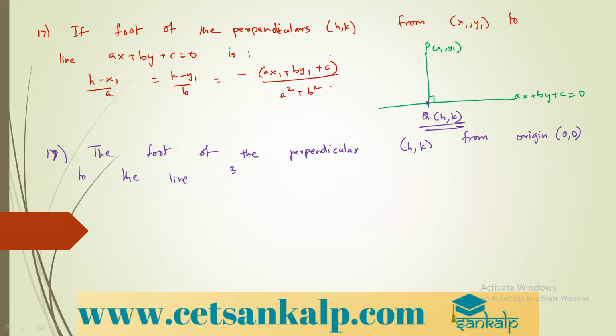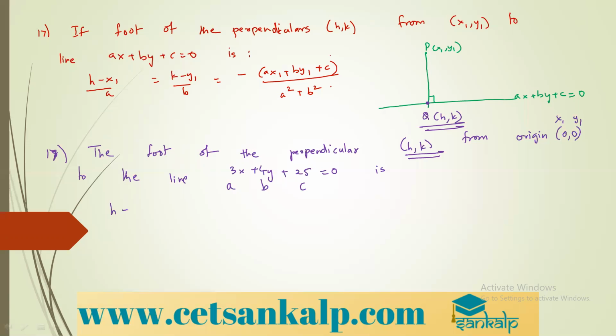The equation of the line is 3x plus 4y plus 25 equal to 0. So for the origin we take x1, y1, and in the line A is 3, B is 4, C is 25. H comma k we don't know.